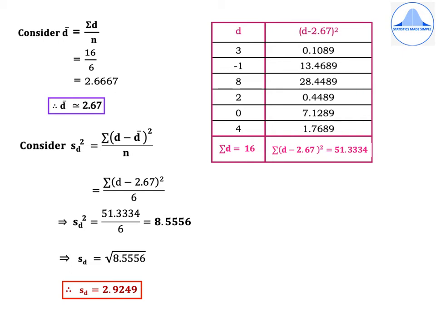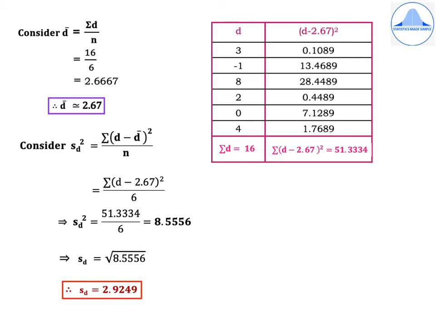Now, in the table, the second column you can form as d minus 2.67 the whole square. So, take the first value 3, subtract 2.67 from it and then square the value and we get 0.1089.